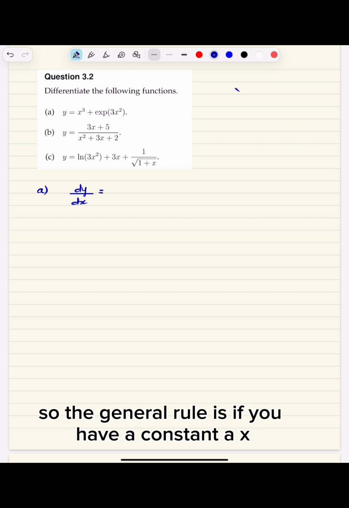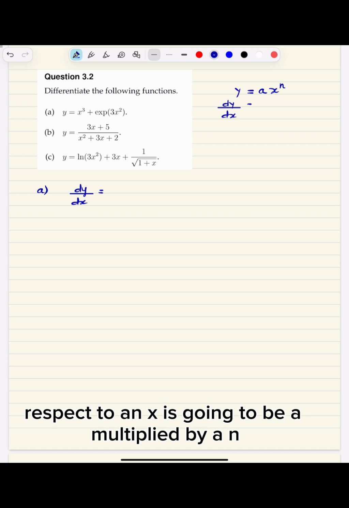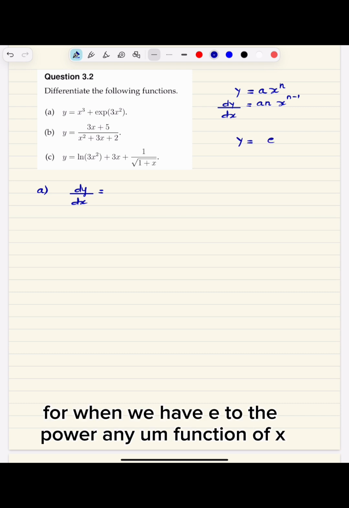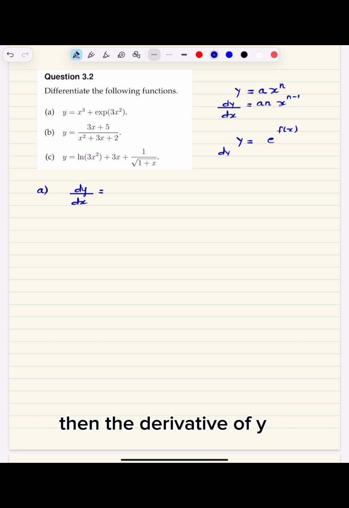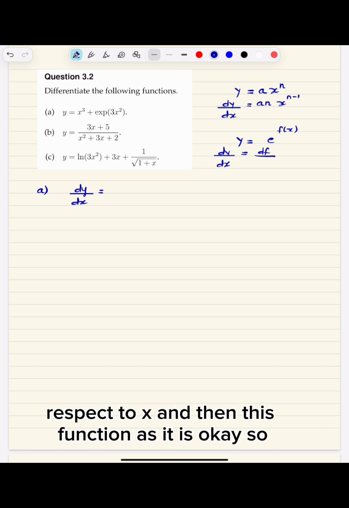So the general rule is if you have a constant a, a x^n, the derivative of y with respect to x is going to be a multiplied by n, x^(n-1). And the general rule for when we have e to the power of any function of x, then the derivative of y with respect to x is the derivative of f with respect to x, and then this function as it is.